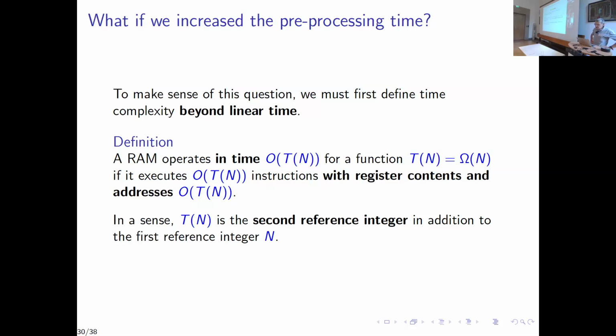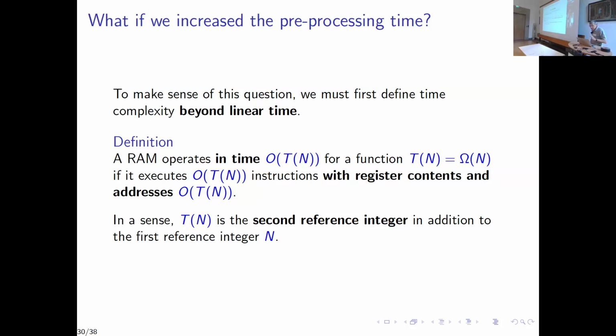To make sense of the equation, you must first define time beyond linear time. And this is very natural. A RAM operates in time T(n), for any function more than n, if it executes T(n) instructions, with register contents and addresses all O(T(n)).